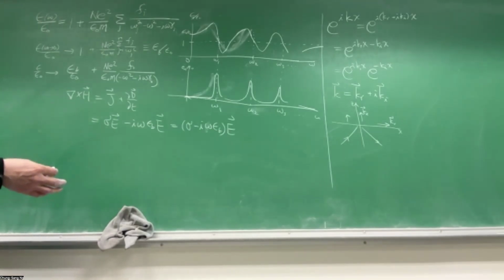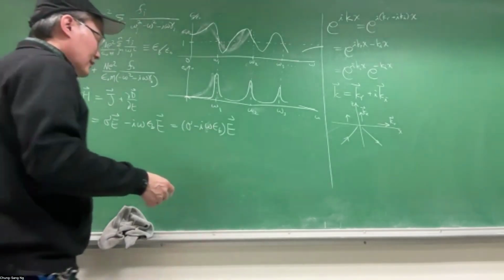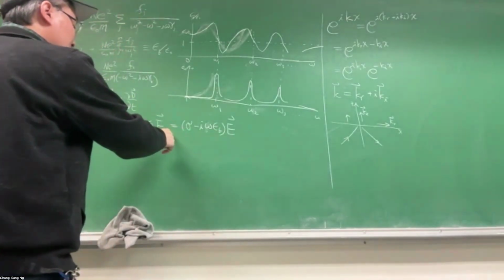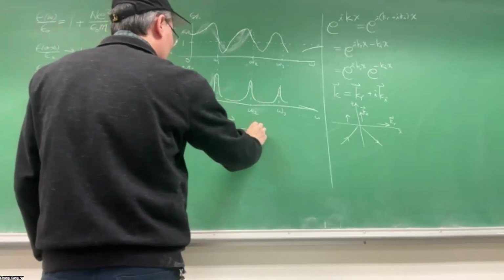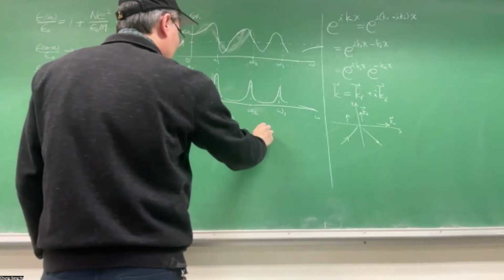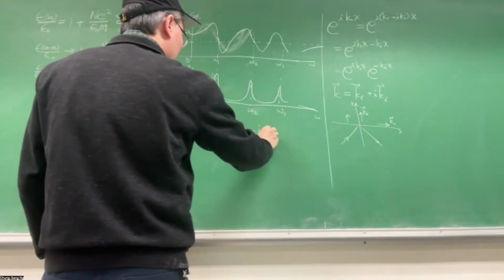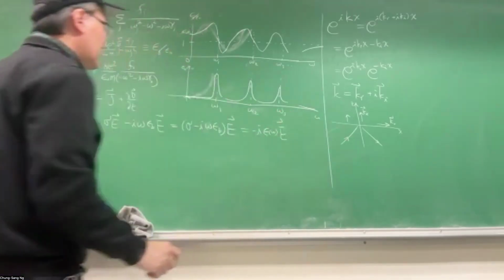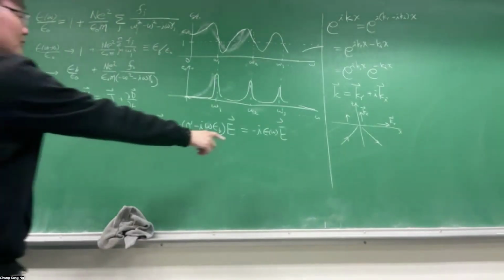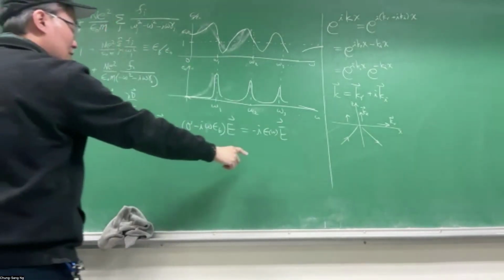You derive the dispersion relation, and in that dispersion relation you are getting, you say that this is equal to minus i omega epsilon, which depends on omega, times E. Right. This epsilon is what we've been talking about.